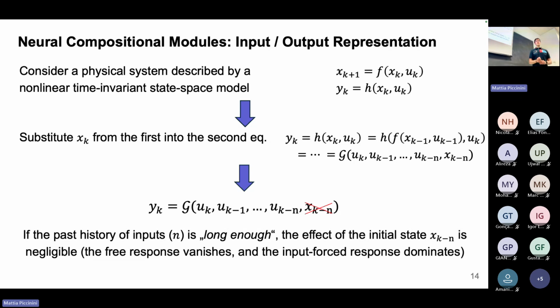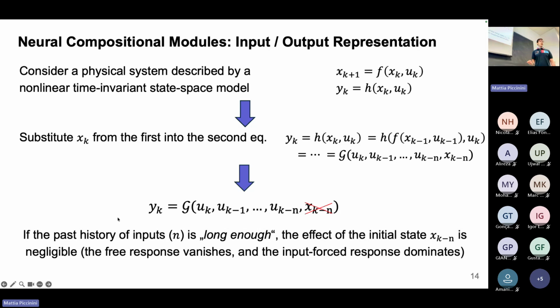The initial state for a dynamical system is intuitively related to the free response. If I remove my input, then my system will evolve based on its state only. This is called the input-free response, or the free response of the system. But if there is an input, then you can describe the output y_k only as a function of the past history of the input u, forgetting about the initial state, as long as this window is long enough.